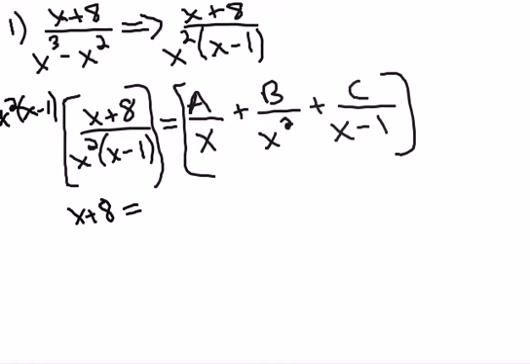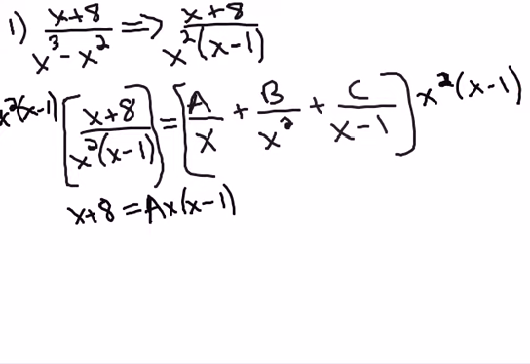Here I'm multiplying by x squared times x minus 1. For the first term, I have an x, so one of these x's will go away, and I'll be left with an x and an x minus 1. So I'm going to write a times x times x minus 1. The next one, the x squared cancels, so I'm left with x minus 1.